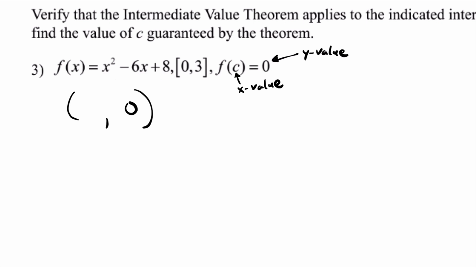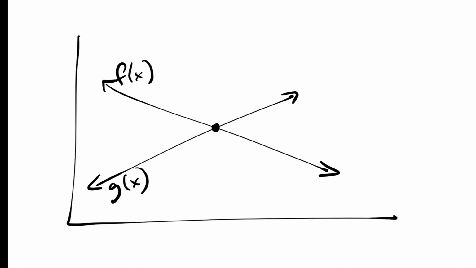So we want to find out where two things cross. Let's look at two graphs like that. You've done this one, not in this class, but long, long ago, right? Let's call this one f of x. Let's call this one g of x. I want to figure out where they cross, right? Here's the graph.